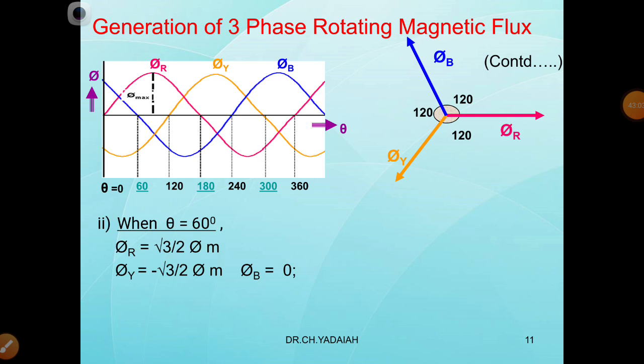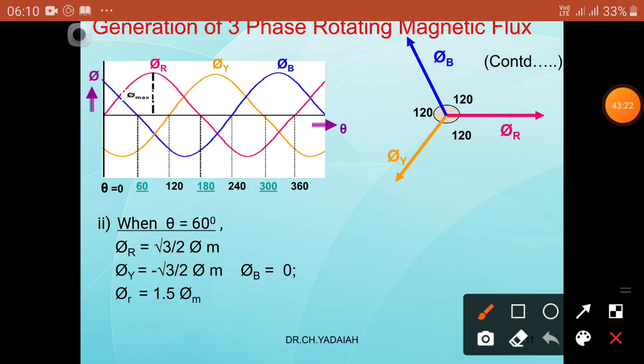Now let us do once again. Please follow these vectors, and here how we are going to get the 1.5 times of phi m. Simply you take it similar to the 0 degrees.